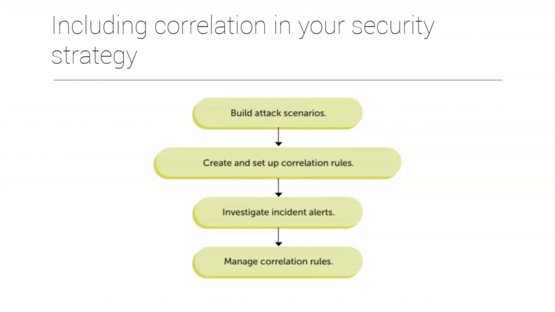So, the first step is building attack scenarios. You'd have to think of the kind of attack scenarios that you want to be watchful for. Okay, so at this stage, you need to prioritize and pick out the various network assets which are the most critical to you.